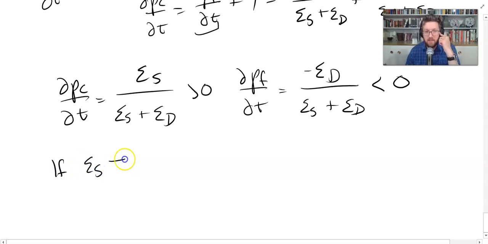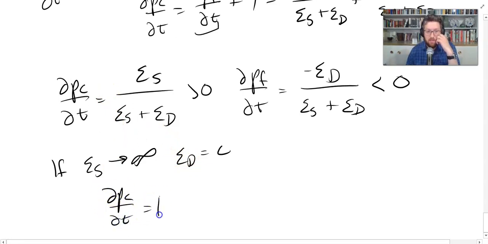If ES, the elasticity of supply, goes to infinity, that's the case where ED is equal to some constant, so something not infinity. That means that supply is really elastic and demand is comparatively inelastic. Well, if that's the case, then this thing is equal to 1 because infinity divided by infinity is 1.